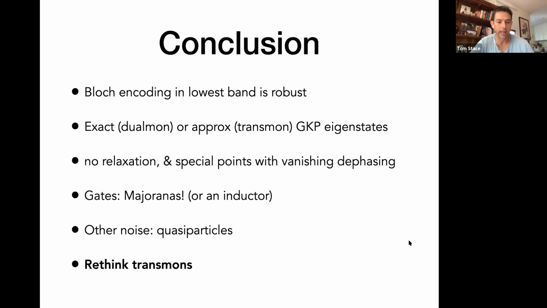I guess one takeaway message from this work is that the encoding in Bloch states of either the dualmon or the transmon are ways to suppress noise at linear order. So there's a passive suppression of noise just because you're operating at these special points where the gradient of the energy landscape vanishes. So what does that tell you?